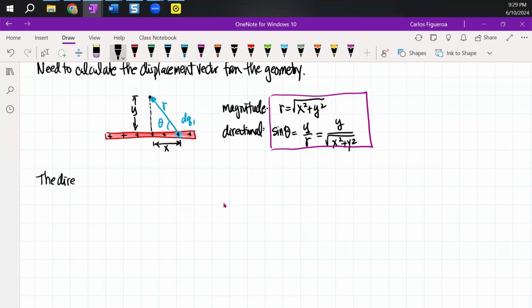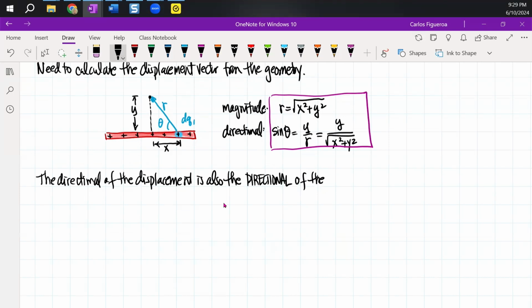The directional of the displacement is also the directional of the field dE finite line.